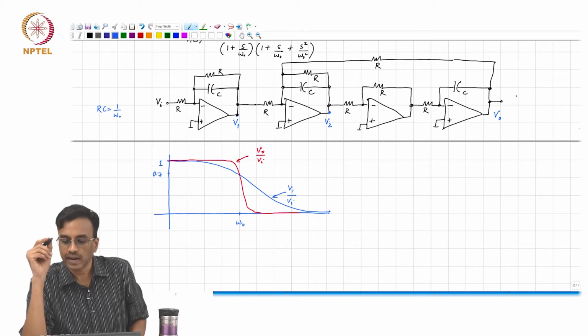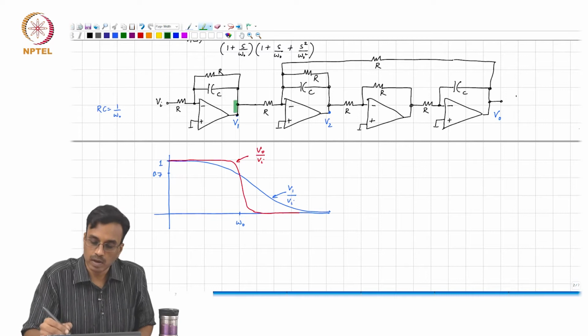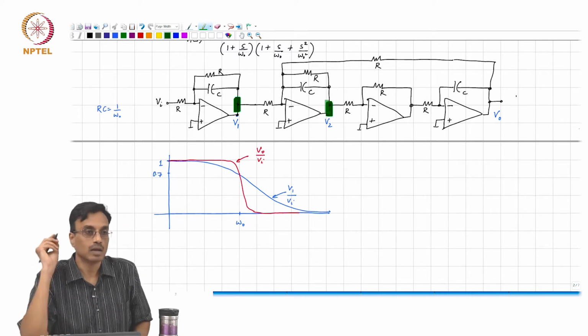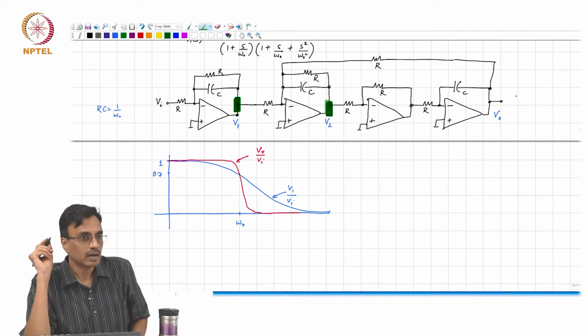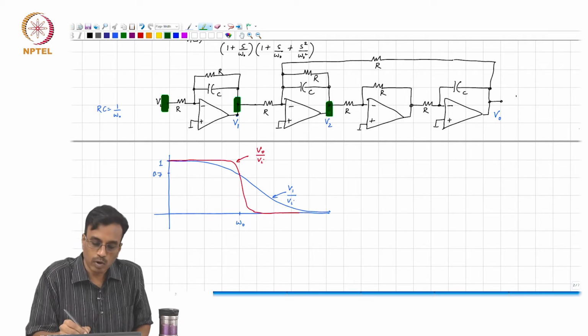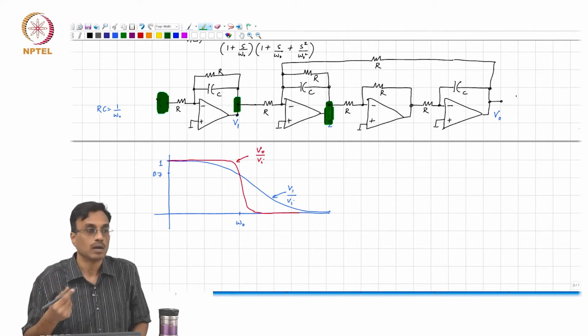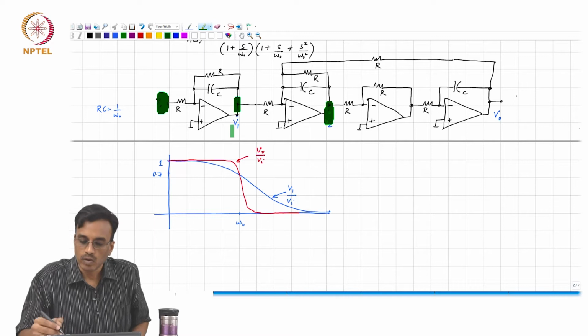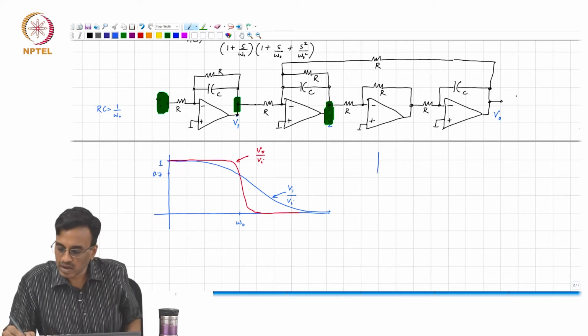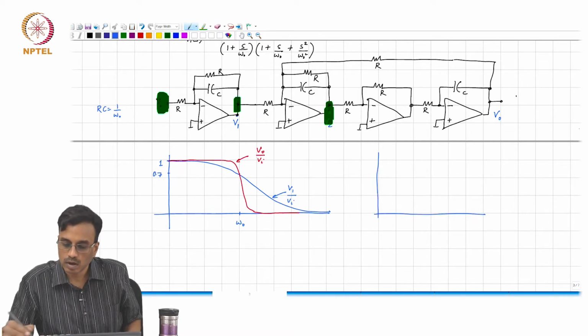It is band pass, that's correct, and it's band pass from here to here. But I am interested in the transfer function from V1 to V2. What comment can we make about it?